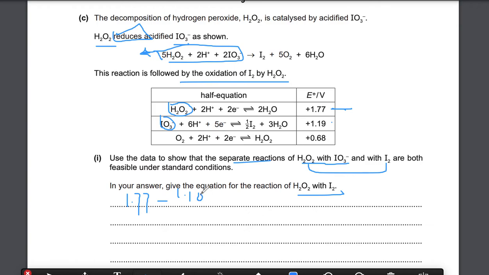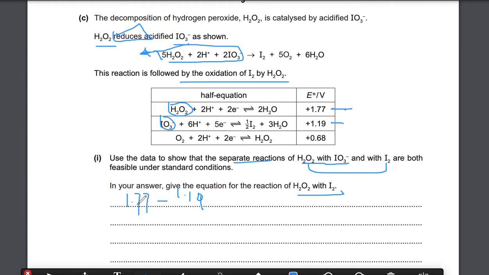So we add 1.77 and 1.99, so over here the reaction would be feasible, right?